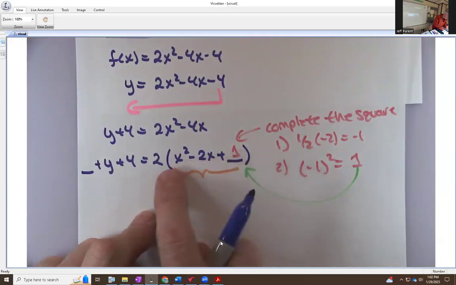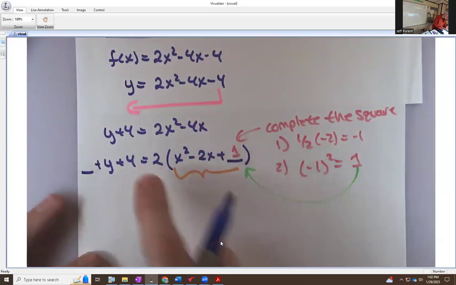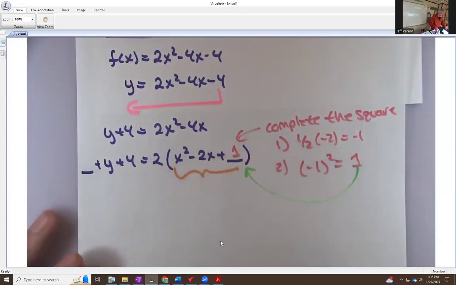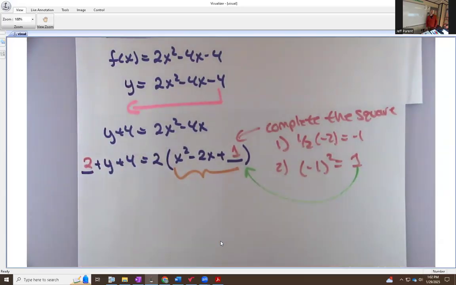Yeah, because that 1 in parentheses is getting multiplied by a 2. So 1 times 2 is going to be a 2. So if I put a 1 in here, I'm really adding 2 to the right-hand side and I have to add 2 to the left-hand side to keep it in shape. So great.